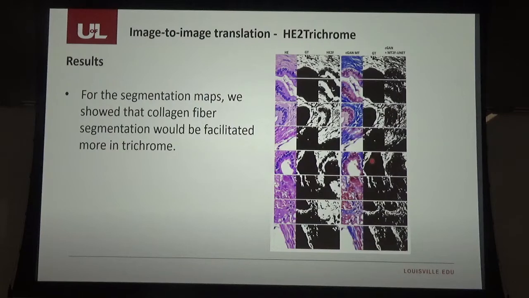We perform annotations using our model, and we compare this to applying a state-of-the-art network that tries to learn how to perform this annotation directly from the H&E. So we applied a UNet-based model that tried to learn how to segment fibrosis from the H&E directly.